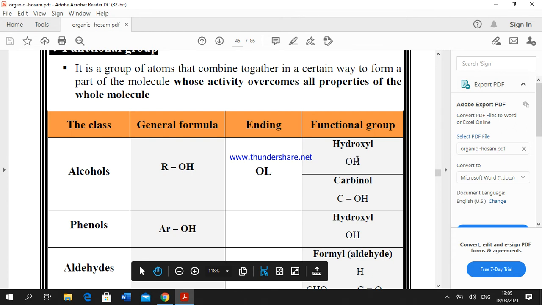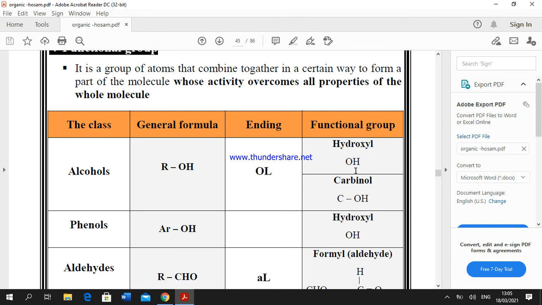We note that the hydroxyl functional group consists of oxygen and hydrogen, and this functional group can link with an alkyl radical or an aromatic radical to form compounds known as alcohols and phenols, okay, where alcohols are produced from the linkage between an alkyl radical and a hydroxyl group, and the name comes from the corresponding alkane by changing the suffix E to OL, like methane changes into methanol.